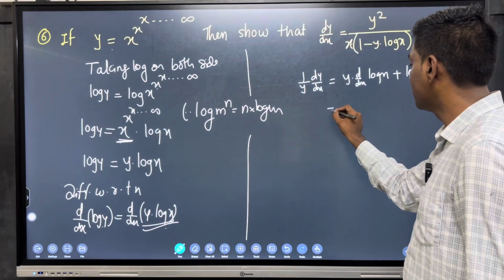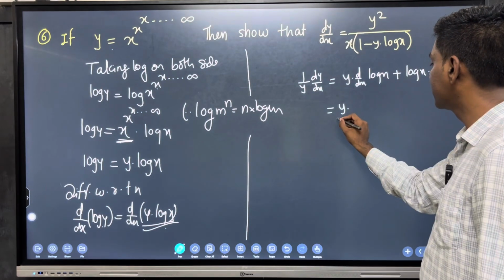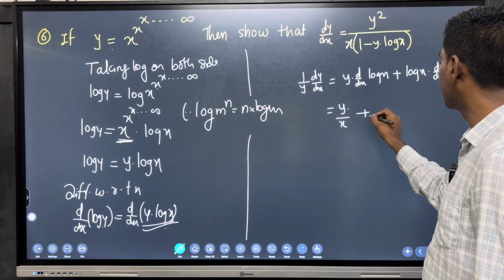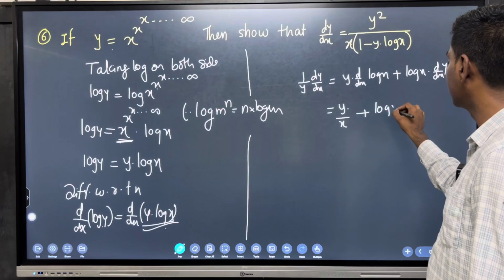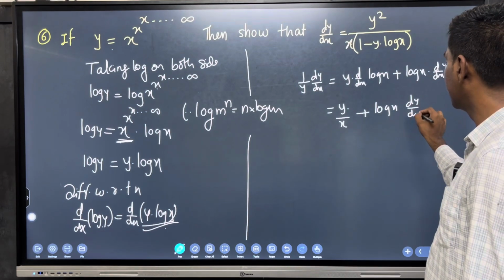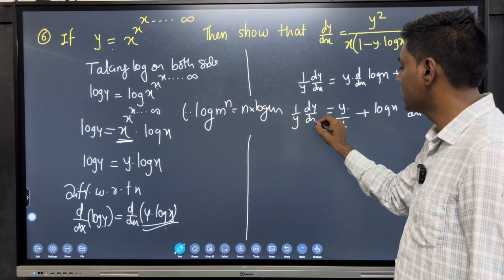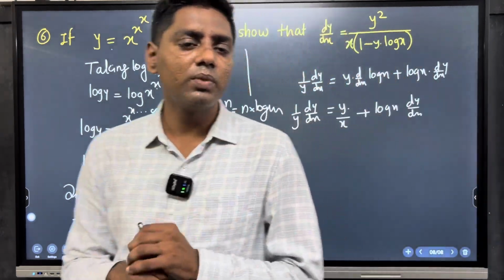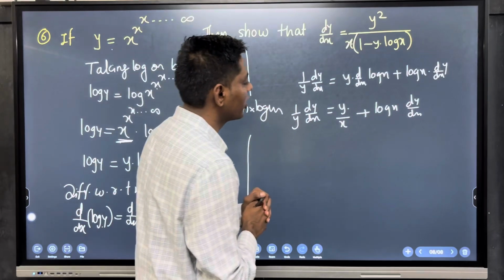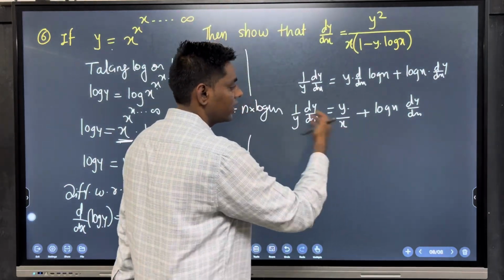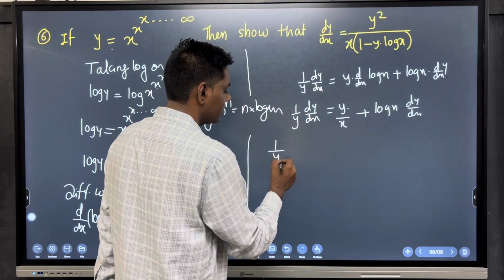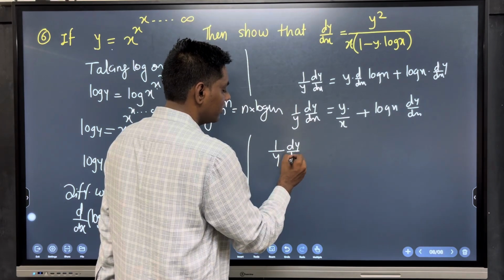So y into log x derivative is 1 upon x, plus log x as it is, times the derivative dy by dx. Already the term y dy by dx is present. Remember the multiplication property of derivative, a very simple property. After that, write the dy by dx terms on one side, the left hand side.